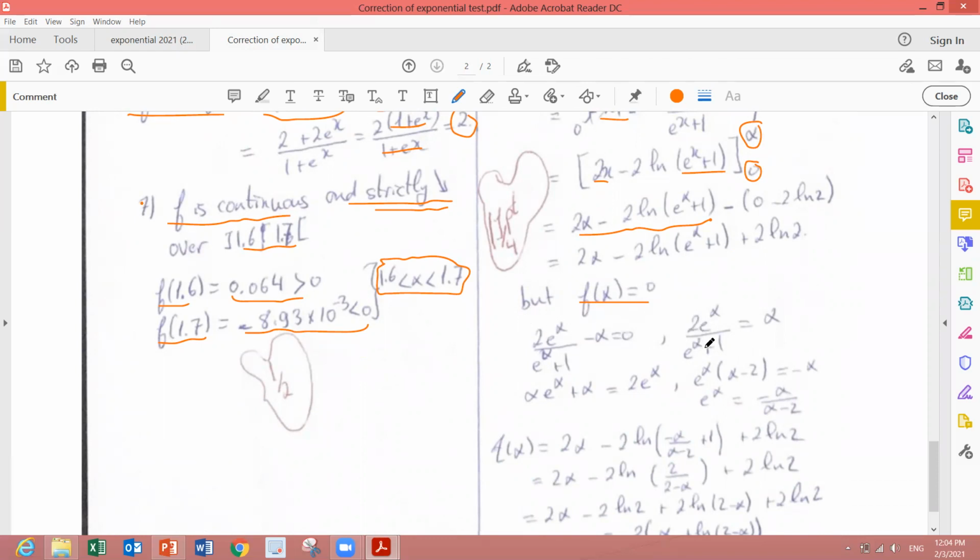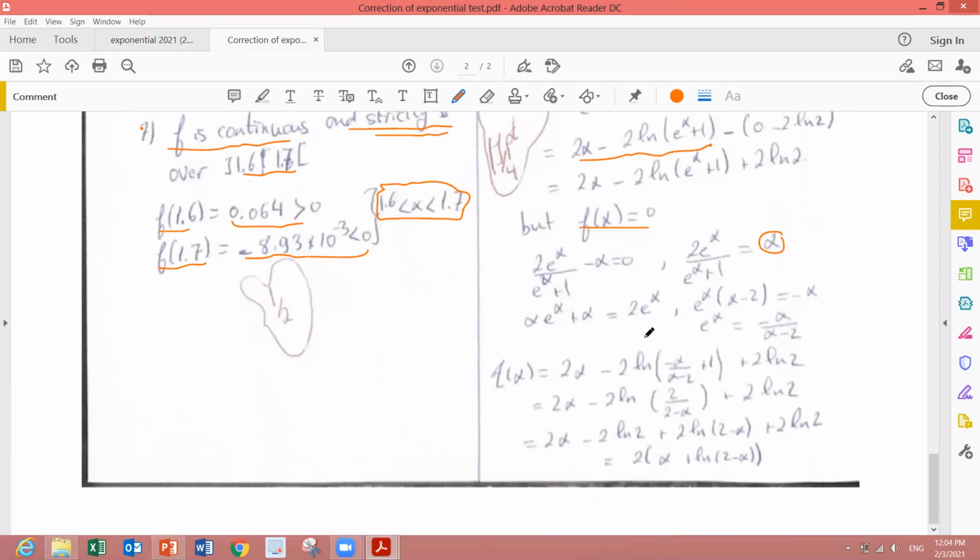Then 2e to the alpha over e to the alpha plus 1 equal alpha. Then, cross multiplication, alpha e to the alpha plus alpha equal 2e to the alpha. E to the alpha to one side: e to the alpha times (alpha minus 2) equal minus alpha. E to the alpha equal minus alpha over alpha minus 2.